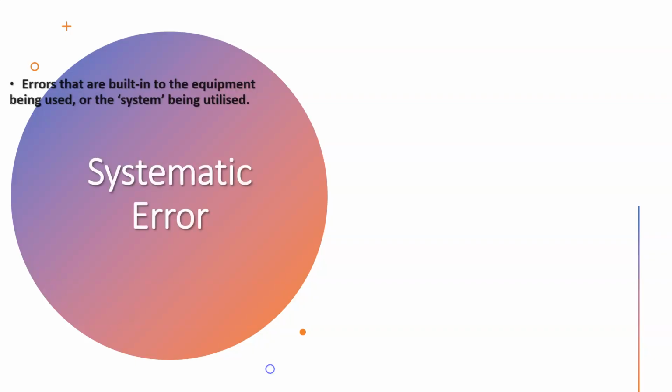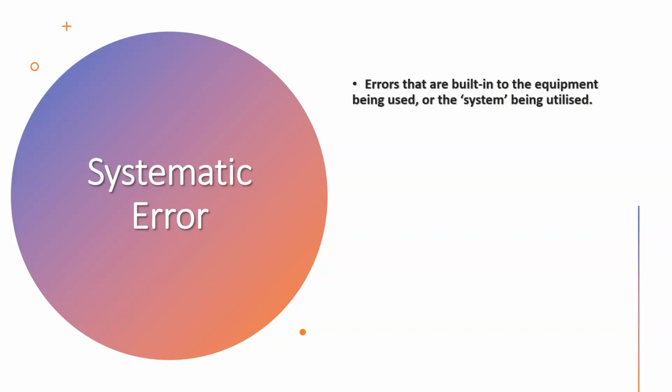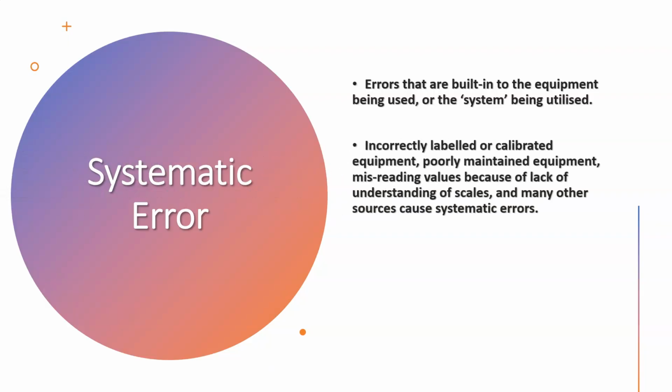Now, our systematic errors. These are errors that are built into the equipment being used or the system being utilized. So incorrectly labeled or calibrated equipment, poorly maintained equipment, misreading values because of a lack of understanding of scales, and many other sources can cause systematic errors.